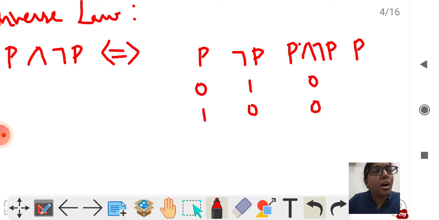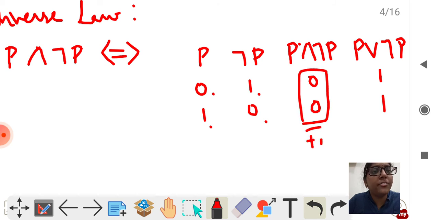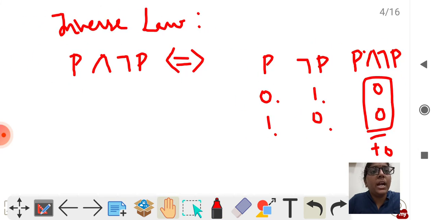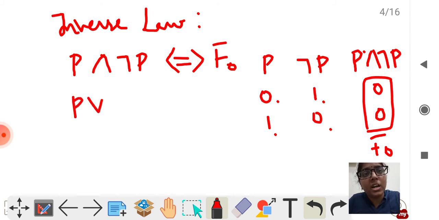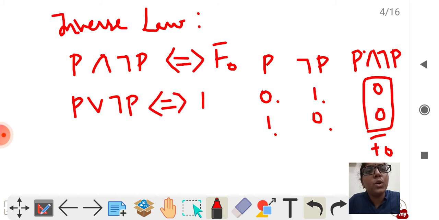What is P OR negation P? If you take OR, 0 or 1 is 1. 1 or 0 is also 1. So here we get contradiction, that is F naught. Here we get tautology, that is T naught, right? So P and negation P is F naught, and P OR negation P is logically equivalent to T naught. So this is inverse law.